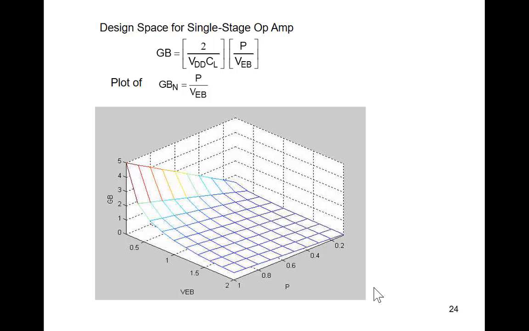Here's another view of what happens when you explore the design space for this amplifier. So I'm looking at now the gain bandwidth product as one of the parameters of interest as a function of the excess bias and the power. And you can see that if you explore this along a line here, this would be along constant excess bias lines. We might have a linear relationship because these are linear lines.